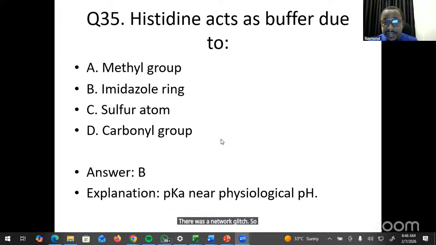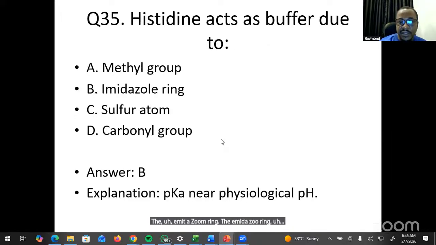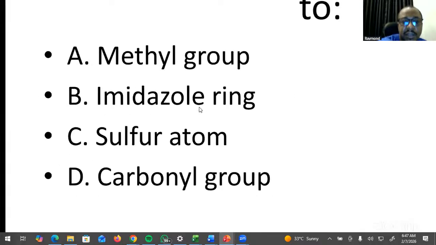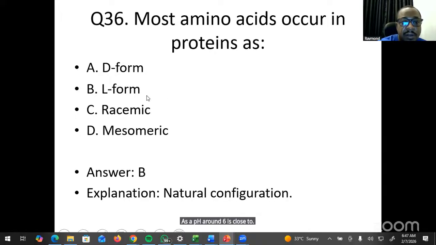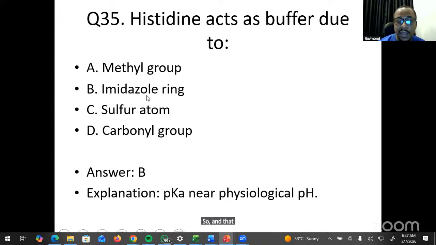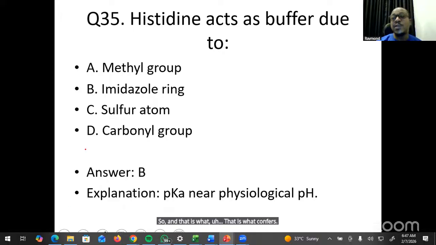So histidine acts as a buffer due to the imidazole ring. The imidazole ring of histidine has a pKa around 6, close to 7. That is what confers the buffering capacity of hemoglobin.